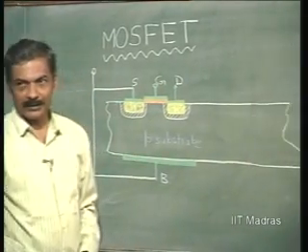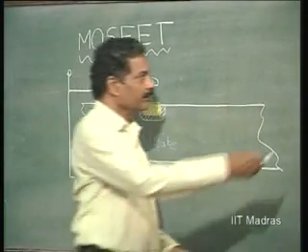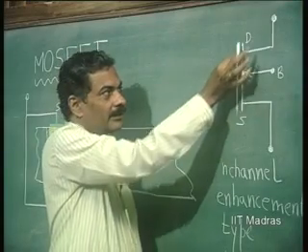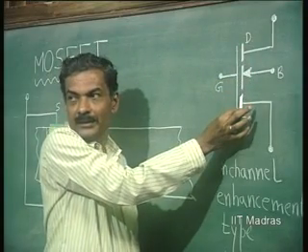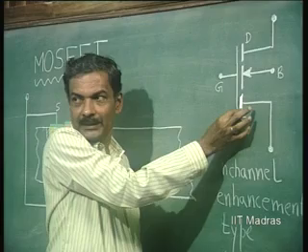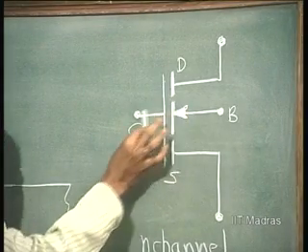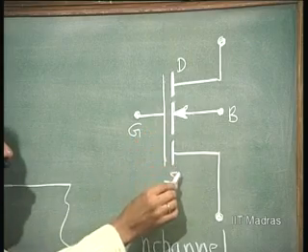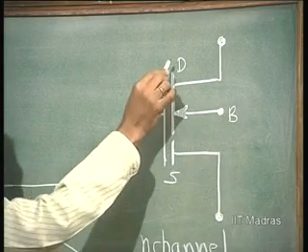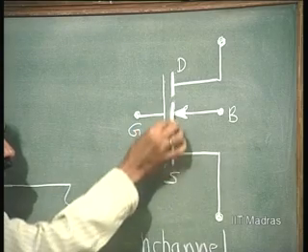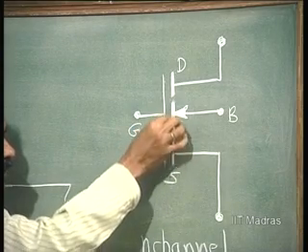Let us try to understand the symbol for the MOSFET. The gate is insulated from the parent material where the channel exists. So, that is the gap. Then we have the source and drain isolated from this channel.